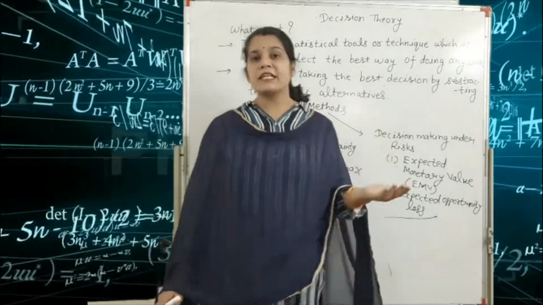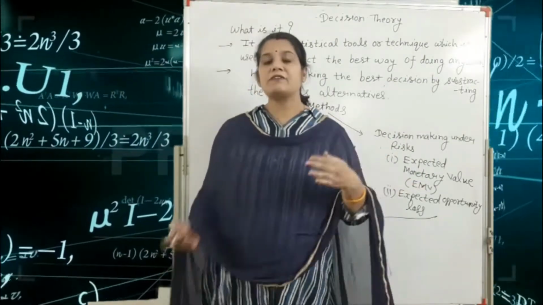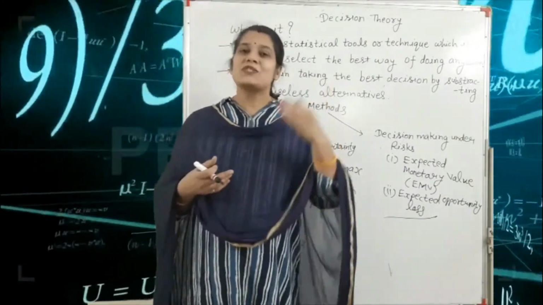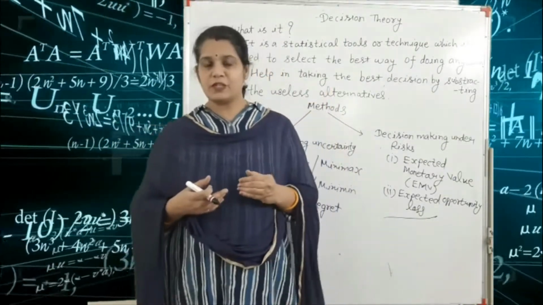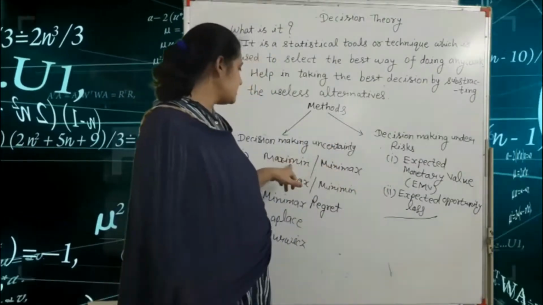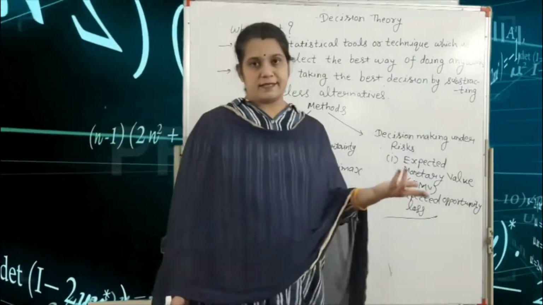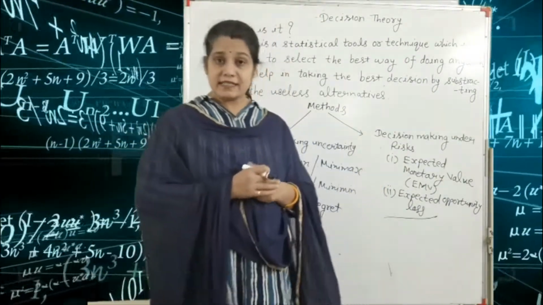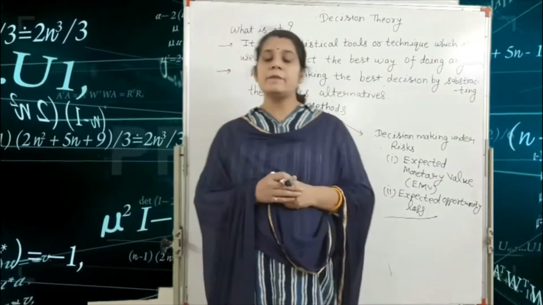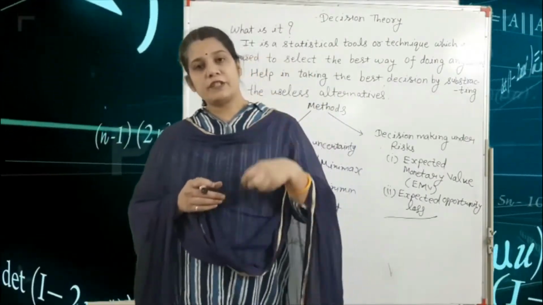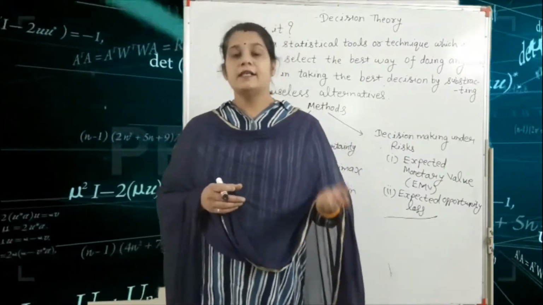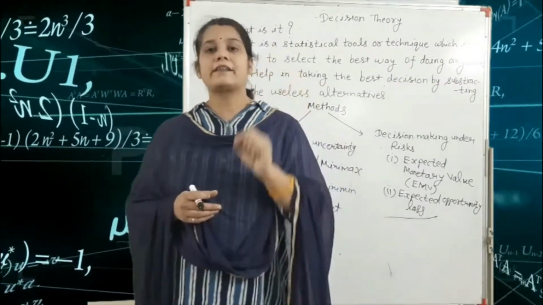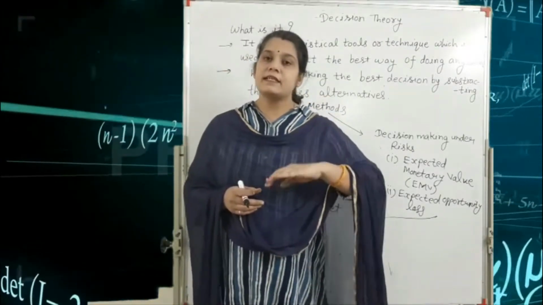In this chapter we select the best way of doing any work. That means we have many types of alternatives, and choosing the best alternative depends on decision theory. So let's start with maximin and minimax, or maximax or minimin. In this type of question, you are given the states of nature and the acts. Act means the alternative.